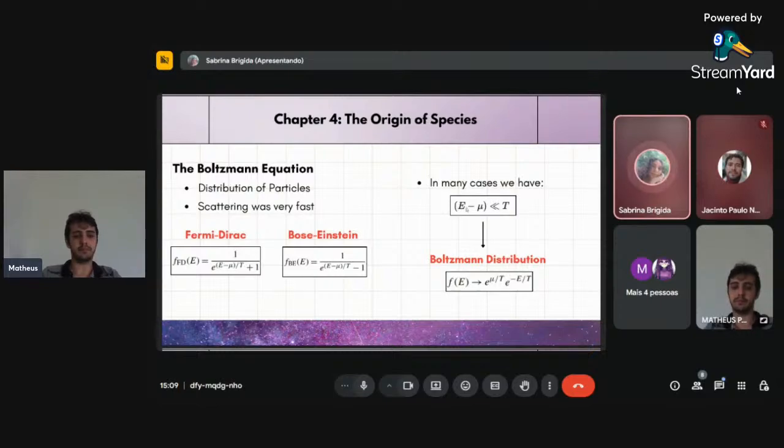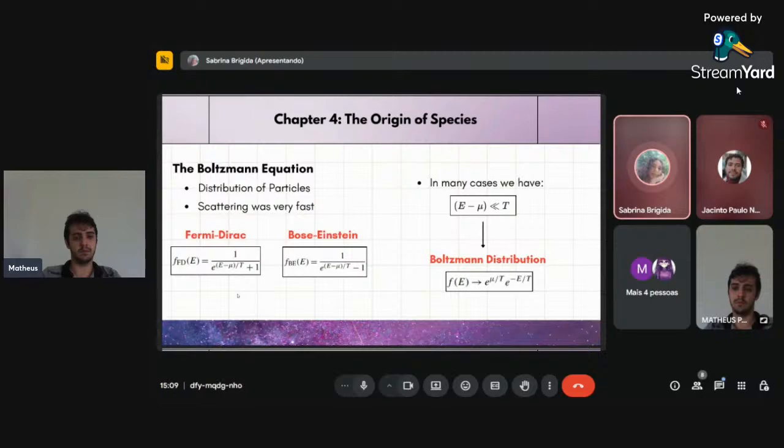In this case, something interesting happens. The exponential terms in the Bose-Einstein or Fermi-Dirac distributions become very large. Because of that, we can ignore the plus or minus one in the denominator. This makes the equation much simpler. We don't need to use the full quantum statistics anymore.